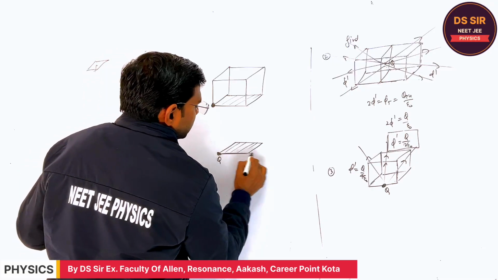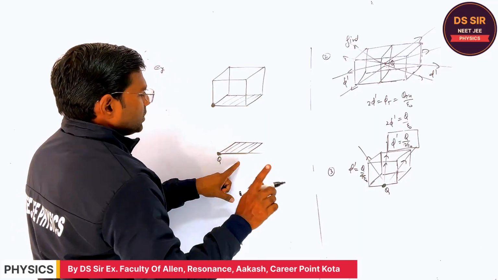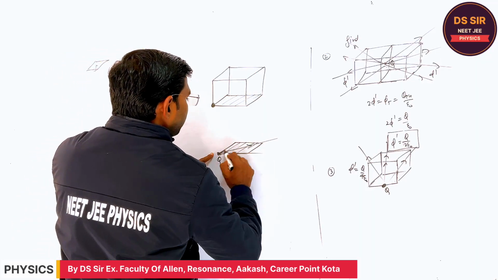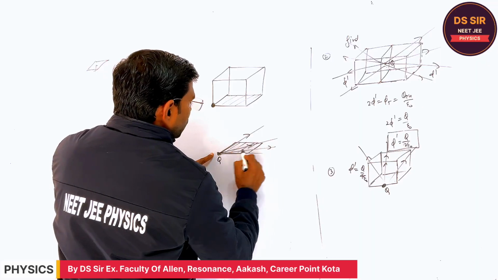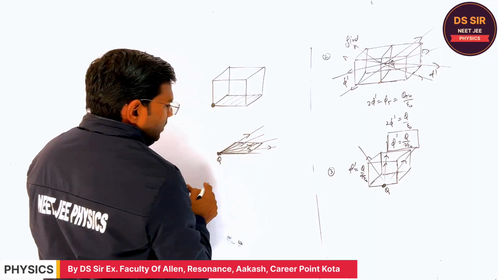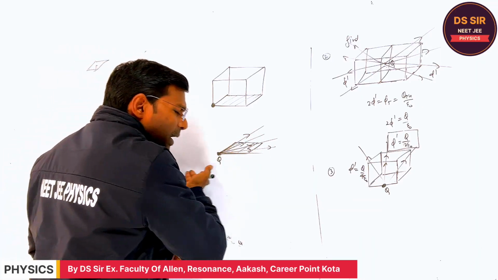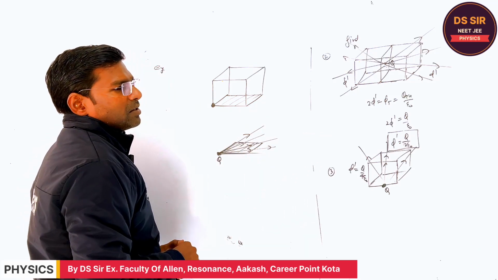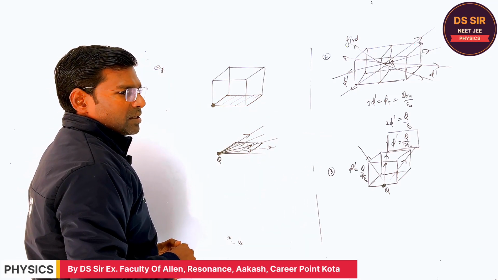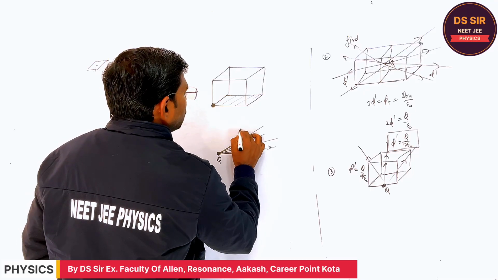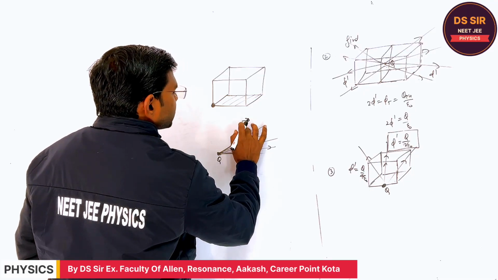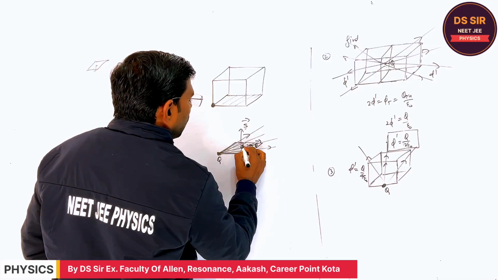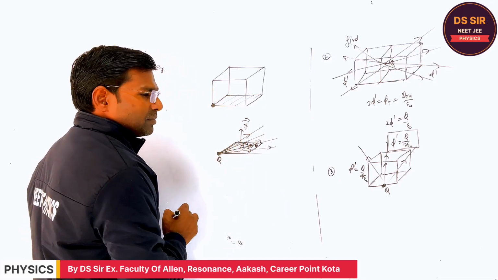Listen. No, listen. This is the face and the electric field is going in this way. The electric field line is passing through this face in the plane of the square face. You can consider this the area vector or S vector, whatever you write, and the electric field is always perpendicular.